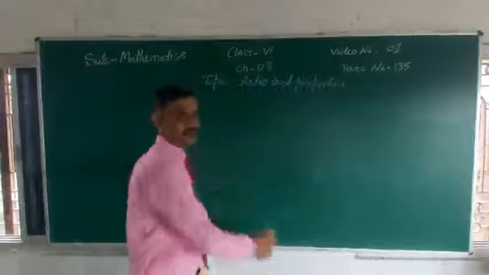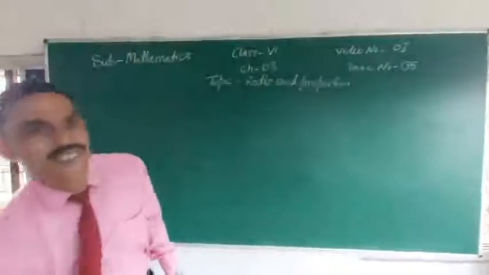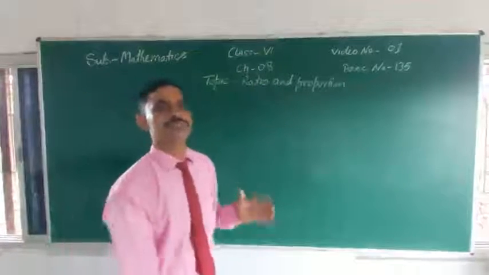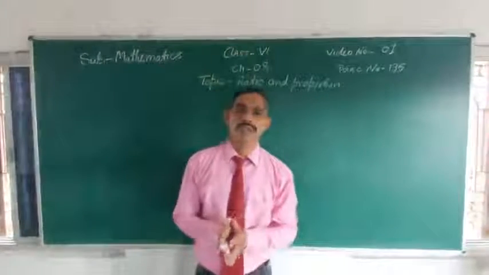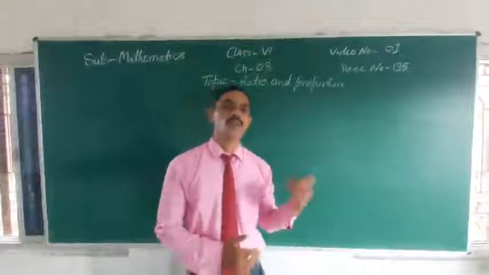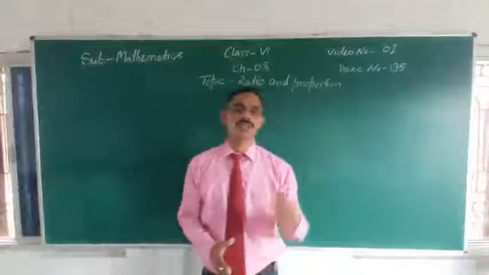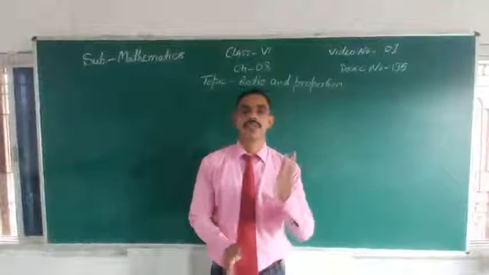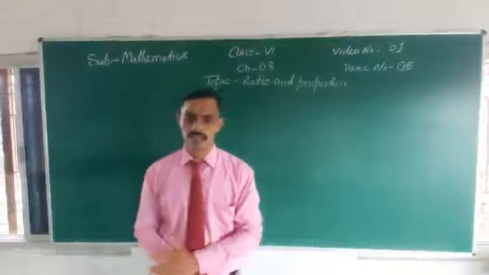After that, let us take an example. Let us suppose there are 810 boys in your school and 540 girls. Clear? Then what is the ratio between boys and girls?